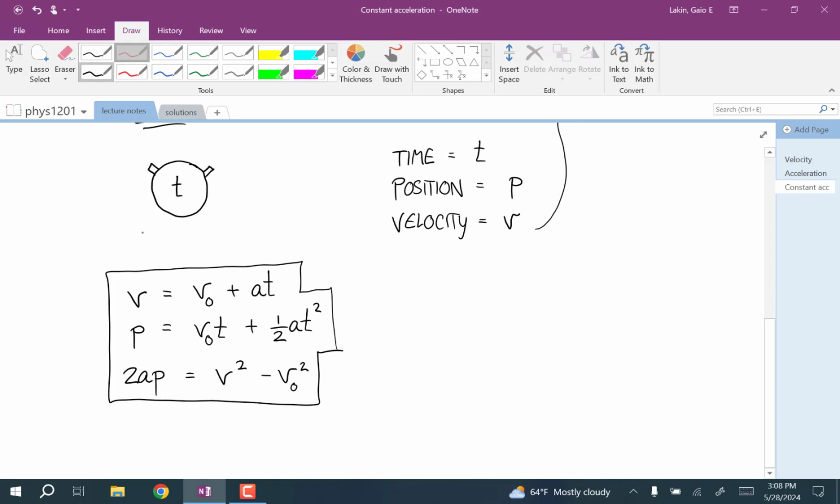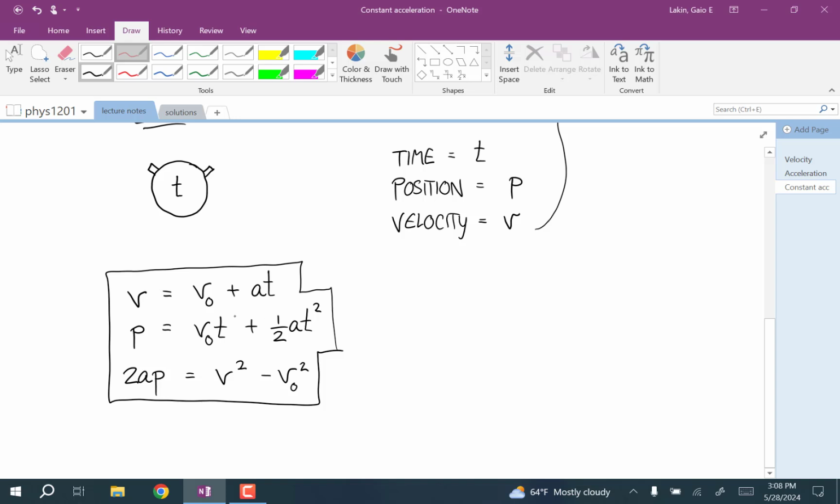And now I'm just going to go through a few examples to show you how to use these to calculate things we might want. Before I do that, where do these equations come from? The first two of these equations come from starting by assuming that the acceleration function is just a constant a, and then integrating to get the velocity and using the initial conditions to find the constant of integration, and then do that integration one more time to get the position.